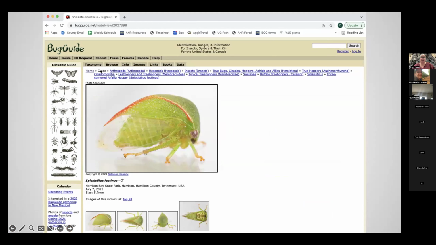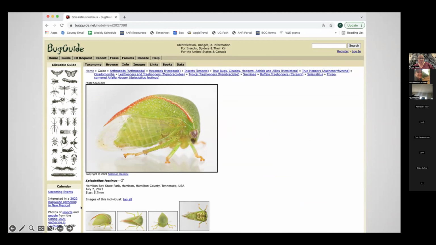And it gives you classification. So at the very top, it's Hemiptera, Auchenorrhyncha, and Membracidae is the family, and then it tells you the different classification, here's genus, and then here's species, and then common name.